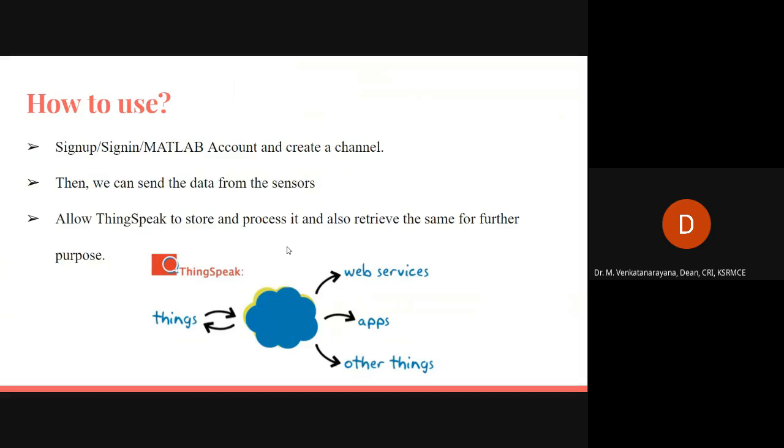Then we can send the data from the sensors, and ThingSpeak allows us to store, process it, and also retrieve the same for further purposes. So here, things are connected to the ThingSpeak cloud, and further, ThingSpeak enables us to go for web services and apps, other things, so that we can easily interact.